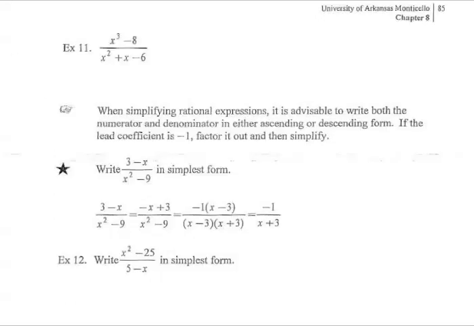Example 11. This numerator is the difference of cubes, and I'm going to write out first cube root minus the second cube root. That's how the difference of cubes factors.